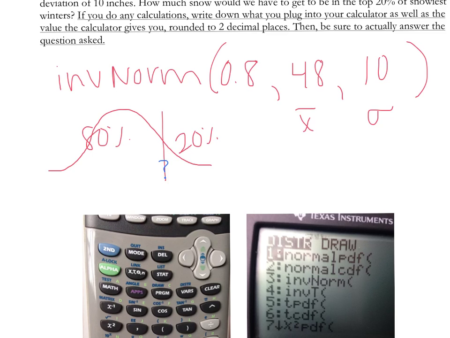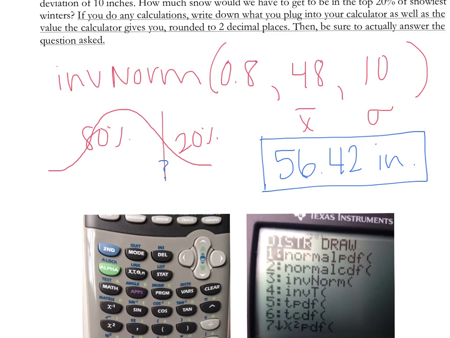So I got 56.42 inches. So if we get more than 56.42 inches of snow, then we would be in the top 20% of Boston winters.